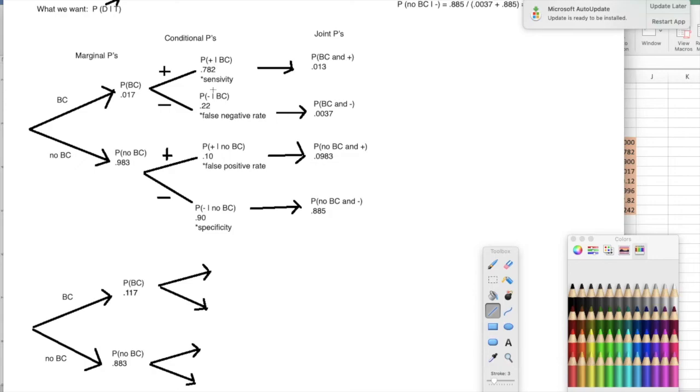So this entire level here, the conditional probabilities, is going to be the exact same. So for sake of not redoing this, hopefully you guys understand that. That doesn't change. What will change, though, are these joint probabilities, because this is different. We're going to multiply across, and these numbers are different, and you're going to see what it does.